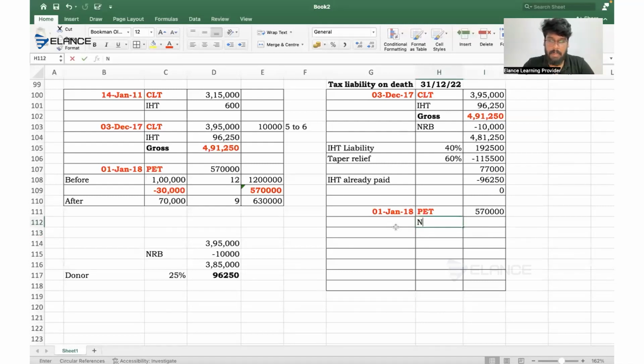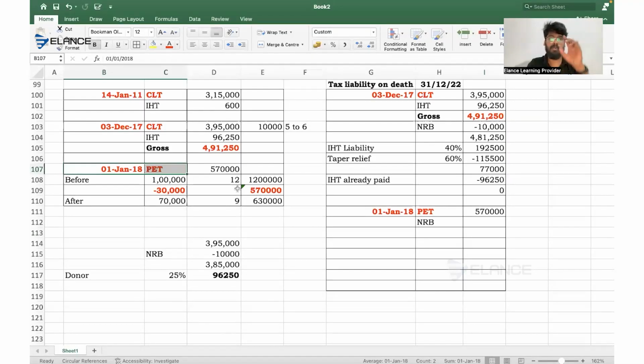So here the nil rate band is not available. At the time of making this PET, there was no nil rate band available. Whatever nil rate band was available at the transfer time is the same on death.